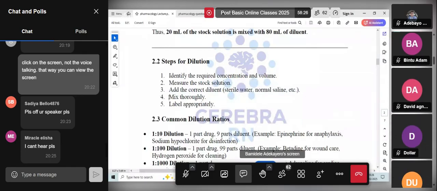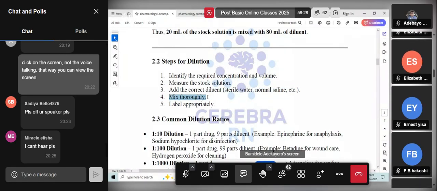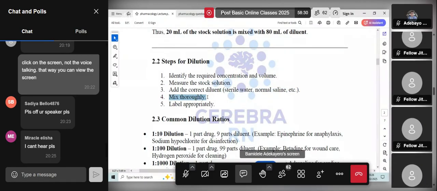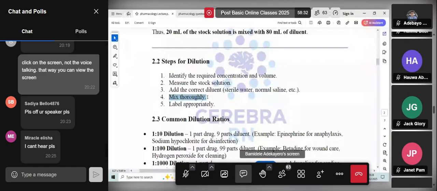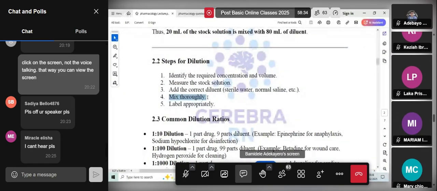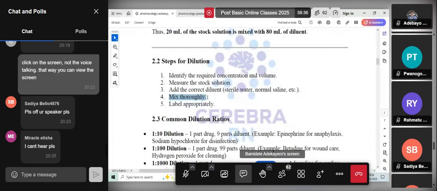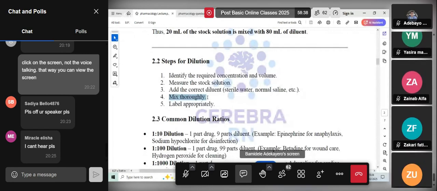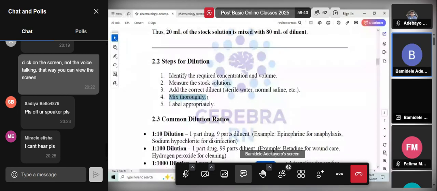You need to mix it because if the medication is not mixed properly, you might be giving a very different dose of medication. For instance, if you are giving 5 mils of medication and it is not properly mixed, there is a possibility you are giving a very different concentration because the medication is not evenly mixed.